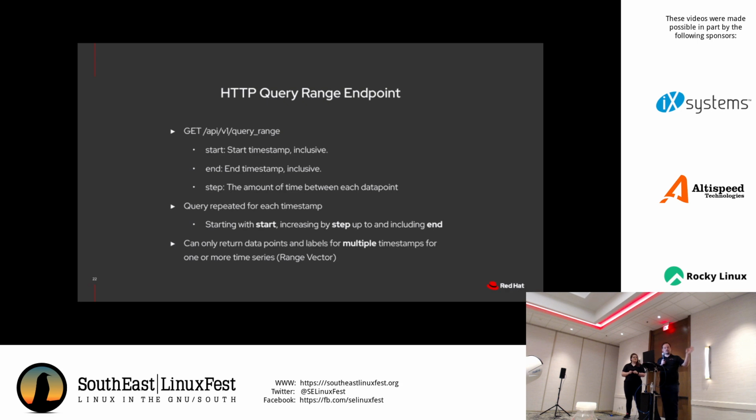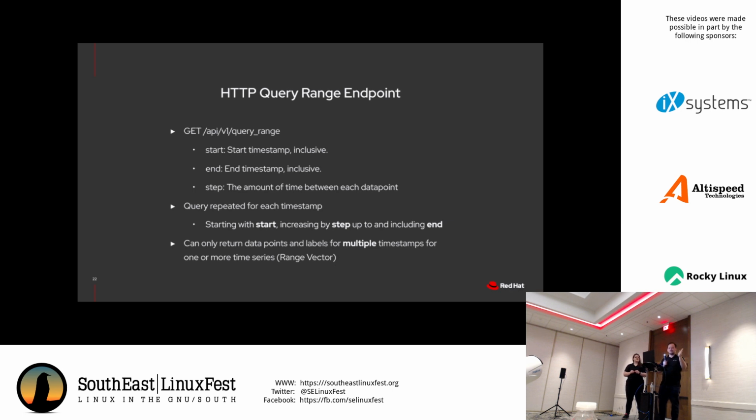The other type of query that you can do, or other endpoint you can use, is query range. Very similar to query, except that it also includes three other parameters: a start, an end, and a step. And that allows you to essentially get a bigger view of that data by having it do the query multiple times and giving you results that look across a range of time, thus query range.